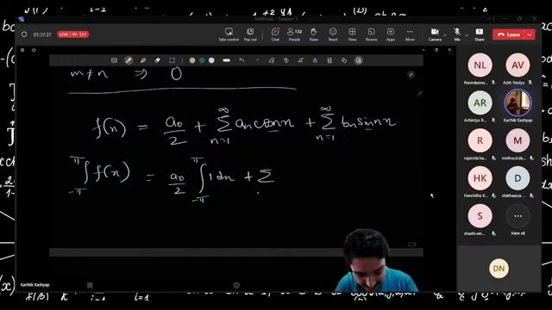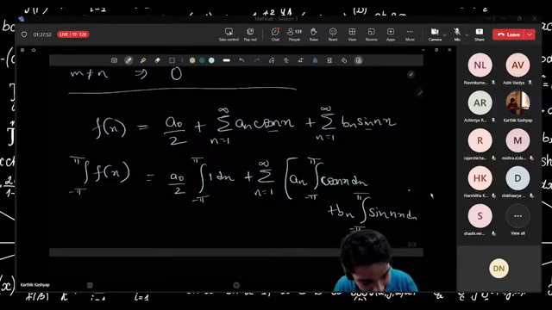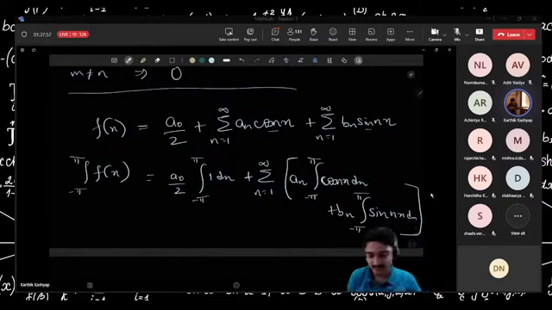So we can just write this as summation of n equal to 1 to infinity of an integral cos nx dx from minus pi to pi plus bn integral sine nx dx from minus pi to pi. So this is what we get on just integrating from minus pi to pi.